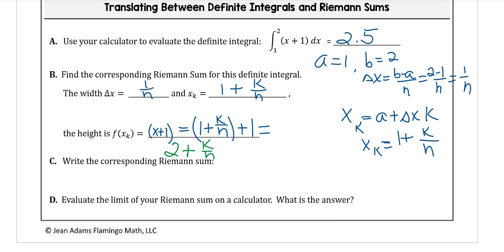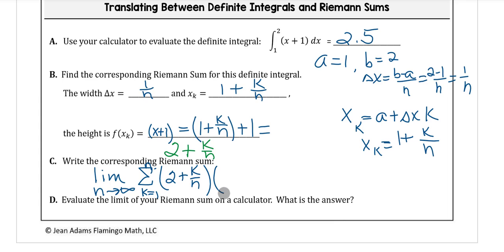So now we can write our Riemann sum. Our Riemann sum is going to be the limit as n approaches infinity of k equals 1 to n of 2 plus k over n.